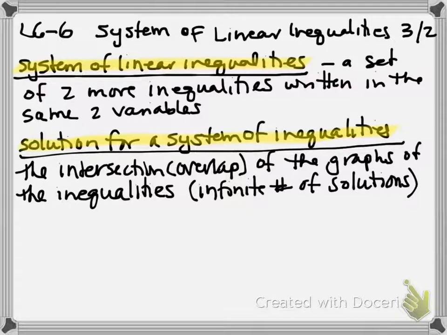So we're going to be graphing linear inequalities. Thinking back, graphing a linear inequality is pretty much the same thing up until a certain point as graphing a linear equation. What's the best way to set up my equations or my inequalities in order to graph them? You've got to go slope-intercept form.